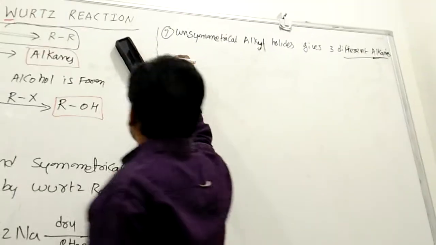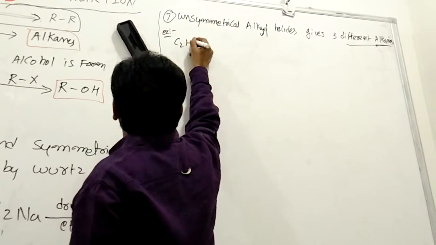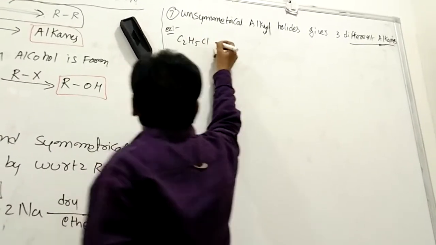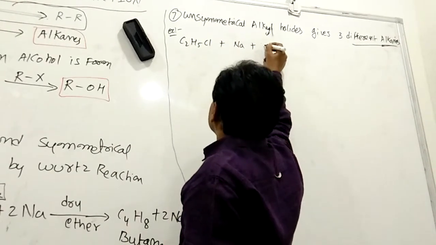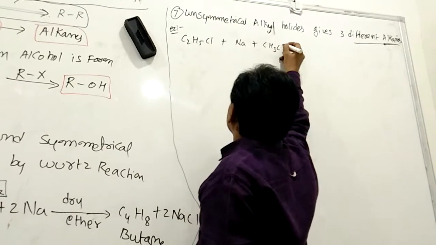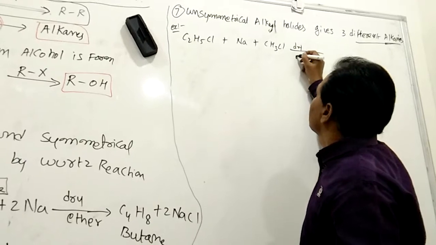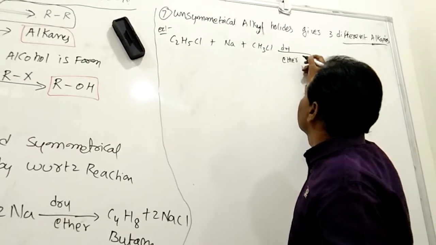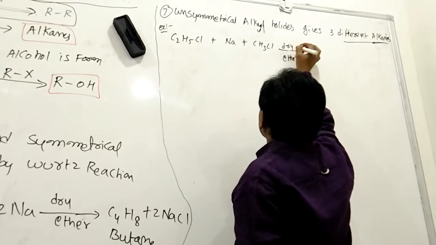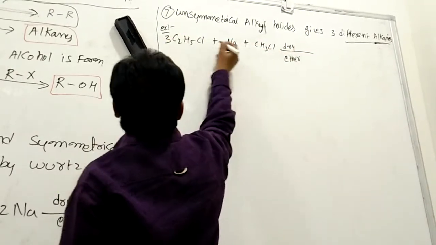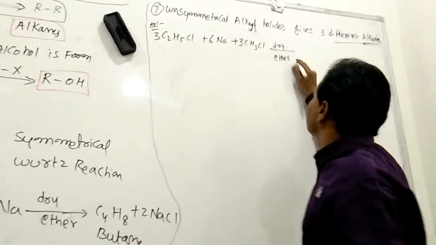See, if we take an example, C2H5Cl plus Na plus CH3Cl in the presence of dry ether, I have taken 3 moles each. What is the product?